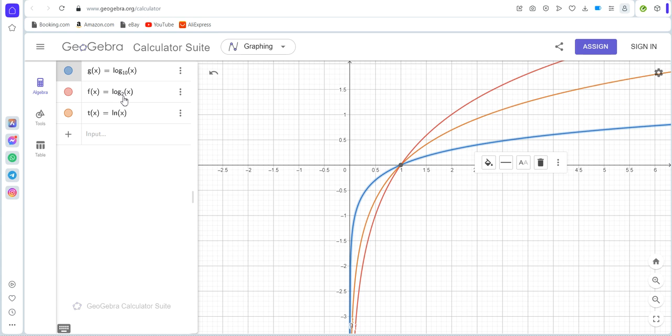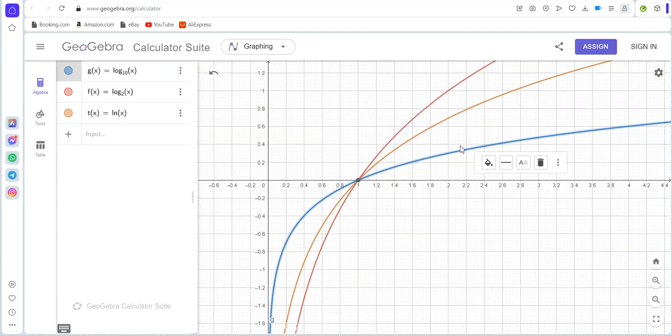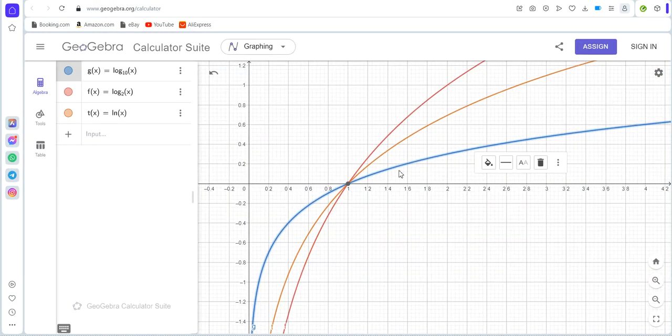The second one is log with base 2, the red one, and the third one is ln of x, which means log with base Euler's number, 2.71. As you see here, as the base is increasing, the function is approaching the x-axis.